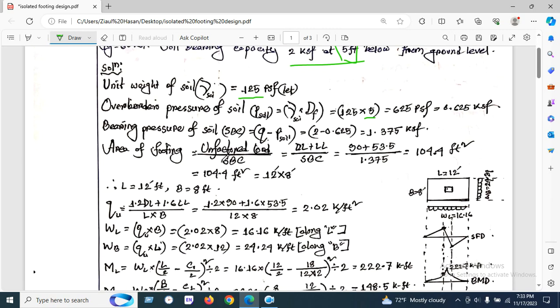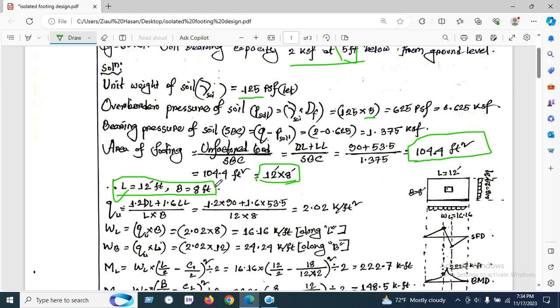The area of footing will be unfactored, meaning only dead load plus live load divided by the soil bearing capacity, and we found 104.4 square feet. This means 12 feet by 8 feet, so our length of footing is 12 feet, and breadth of footing is 8 feet.